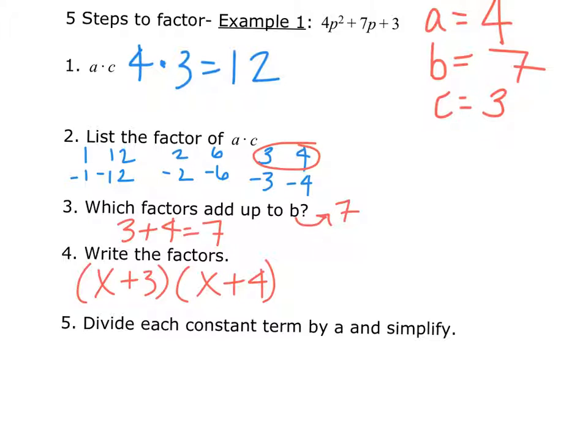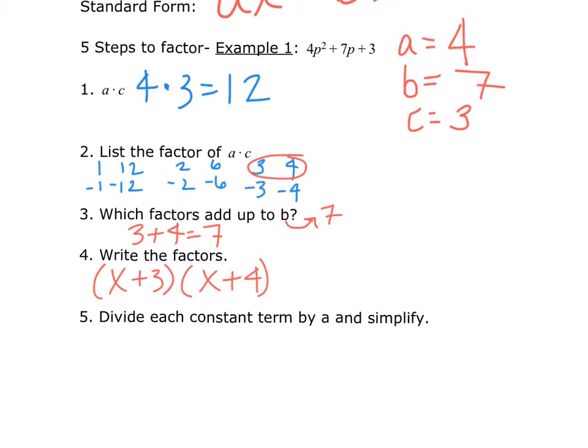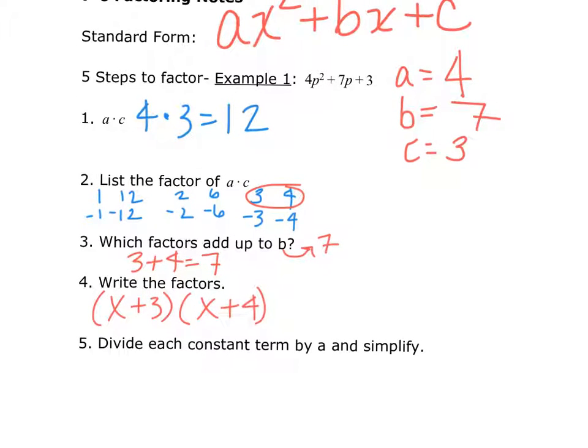Because look, even if I just did the last two, 3 times 4, does that give me 3? 3 times 4 is 12. 3 times 4 does not give me 3, it gives me 12. So those don't work, right? So we have one more step.